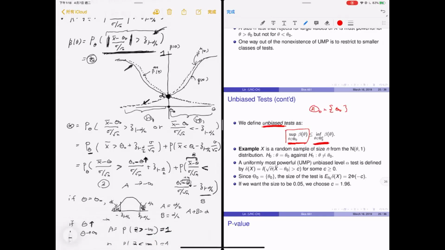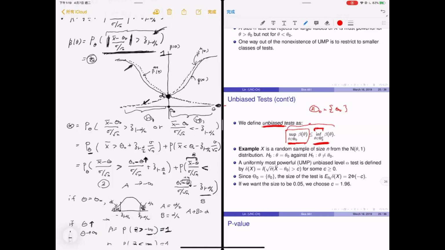On both sides of the null hypothesis, where does that inf come from? It's going to become really close to 0 right here, right? The smallest value of my power function is, maybe, as theta goes to infinity.